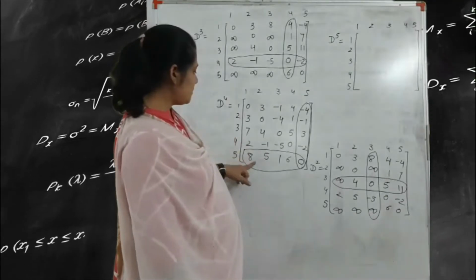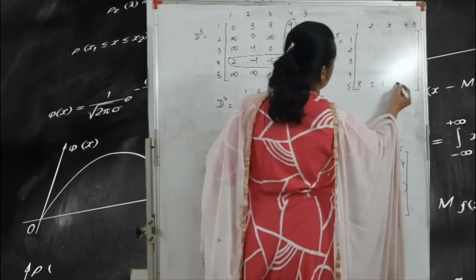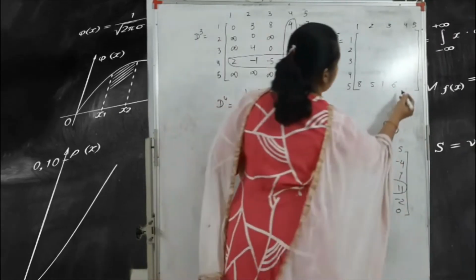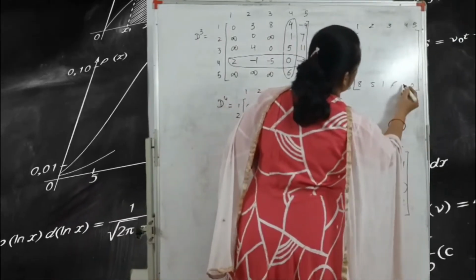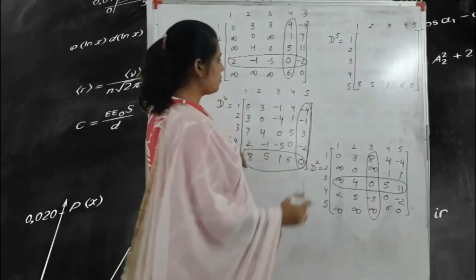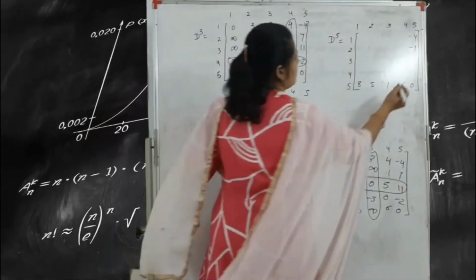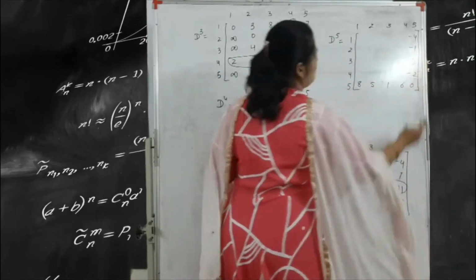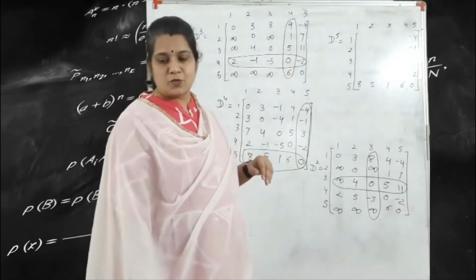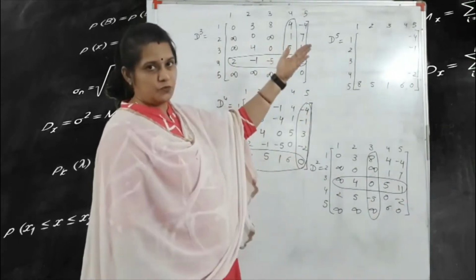Okay, so according to this, you write here 8, 5, 1, 6 and 0 as it is, and the fifth column is minus 4, minus 1, 3, minus 2. Okay, so with the help of this, we write the new D5 values.